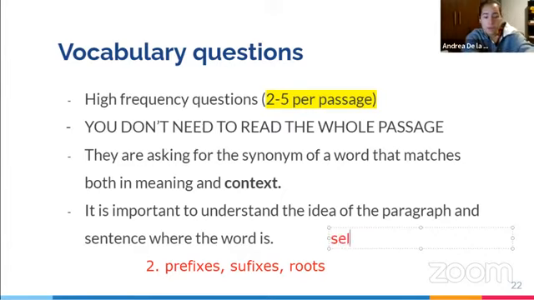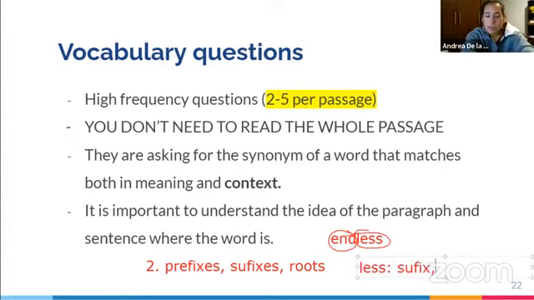Same thing if you encounter a word like selfless, or endless. You may not know what the word endless means, but you already know what the word end means. And you have also learned what the suffix less means, because less is a suffix that refers to the lack of something.